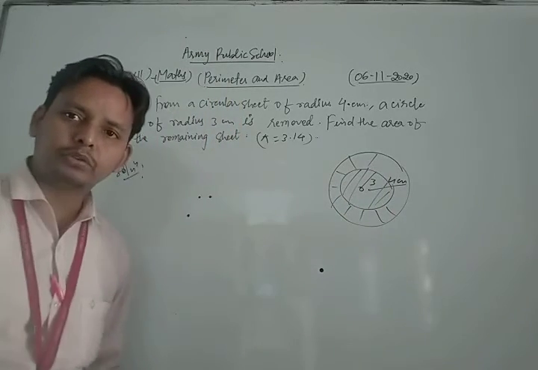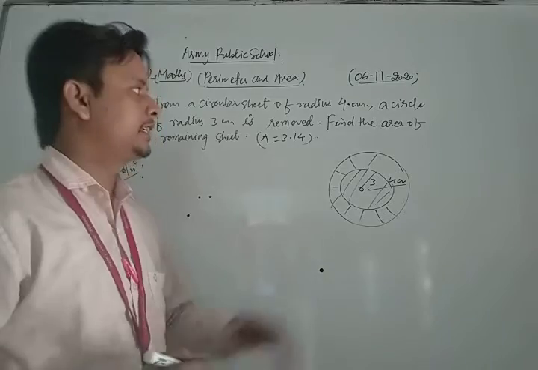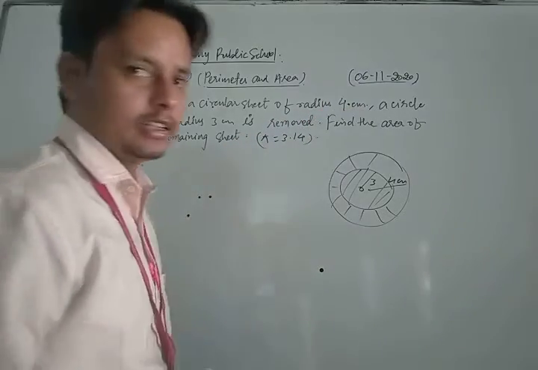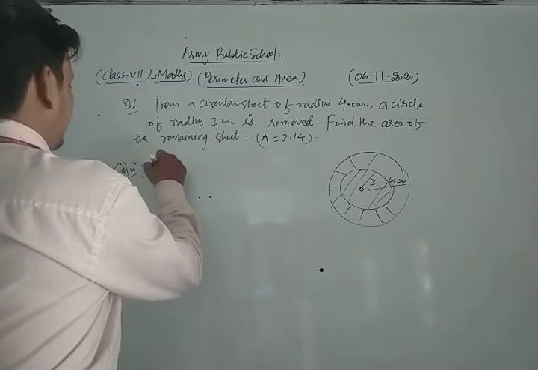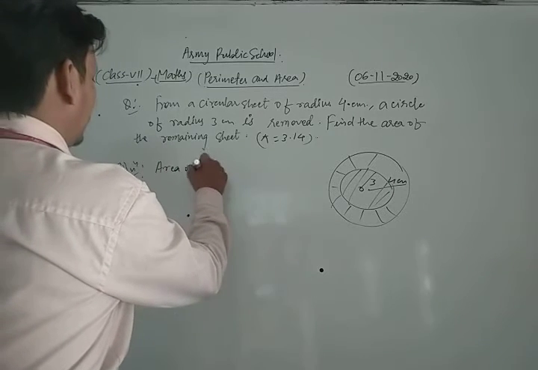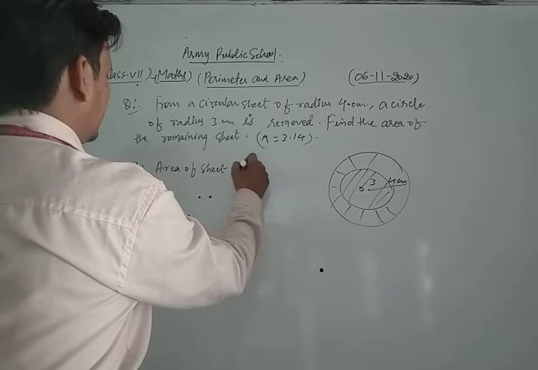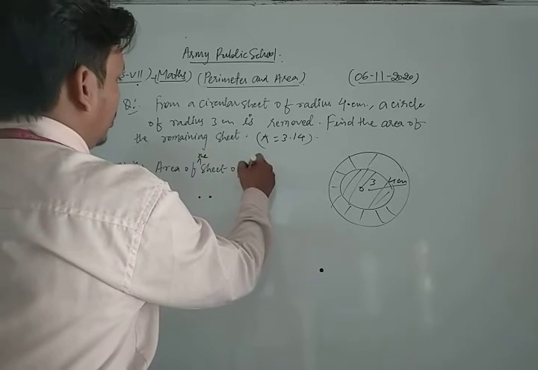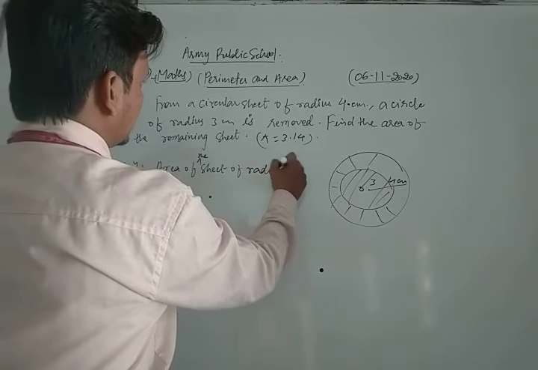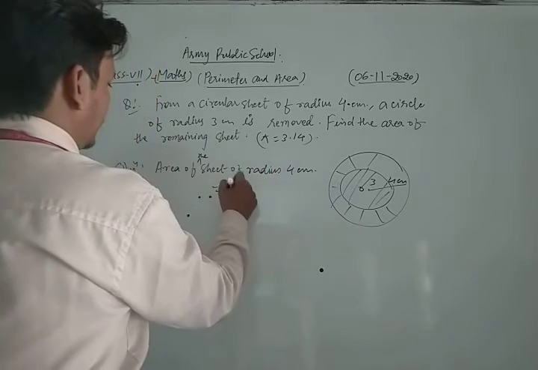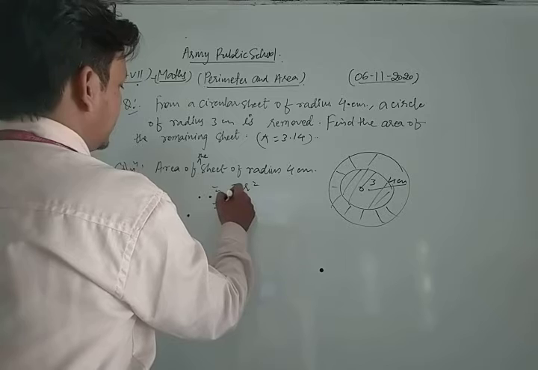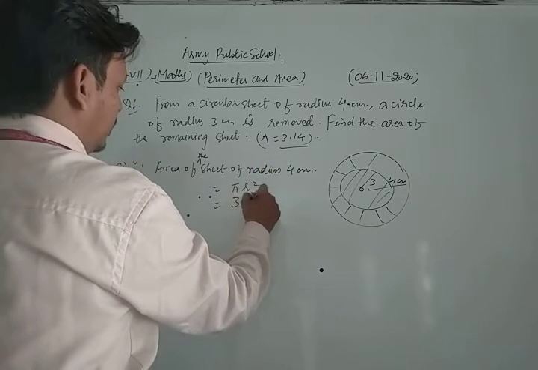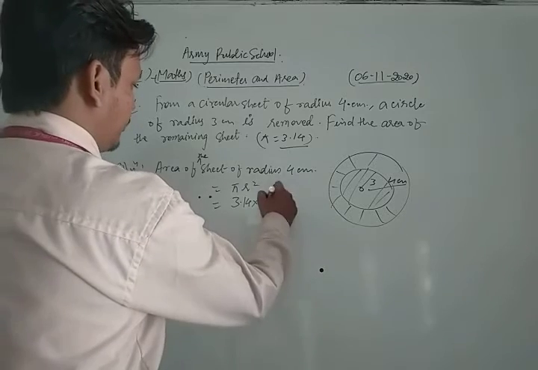Dear friends, in this type of question, first of all we find the area of the sheet of radius 4 centimeter. The area is pi r square, taking the value of pi as 3.14, into r square. The value of r is 4, so 4 square is 16.